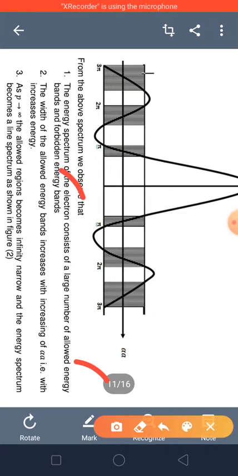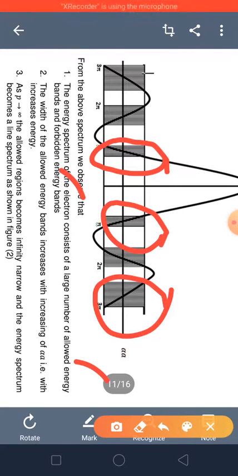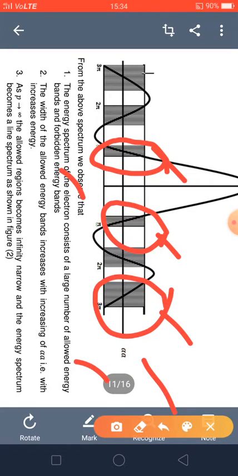From the spectrum we see that these are the allowed energy bands. It is observed that the width of the allowed energy bands goes on increasing with increasing alpha a.